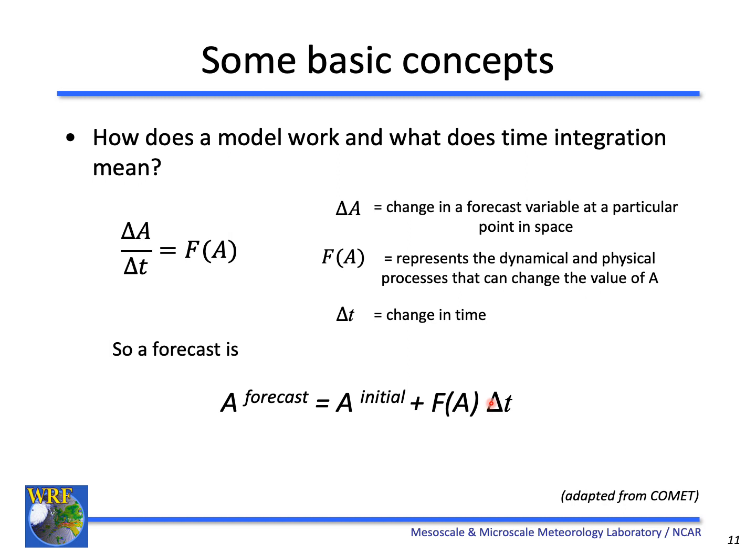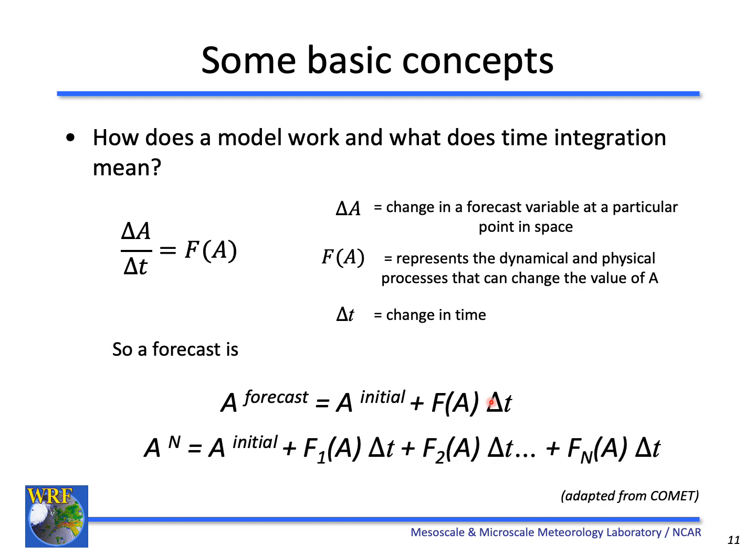So in the model, the solution is obtained in many time steps, which we call time integration, as shown in this next equation. You will hear we talk a lot about model initial conditions and the time integration in this tutorial.